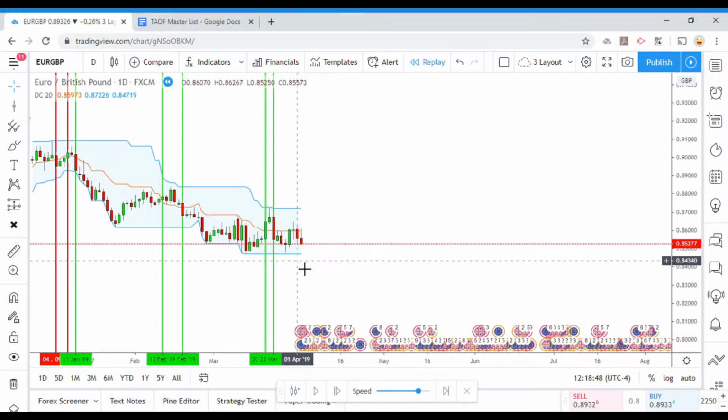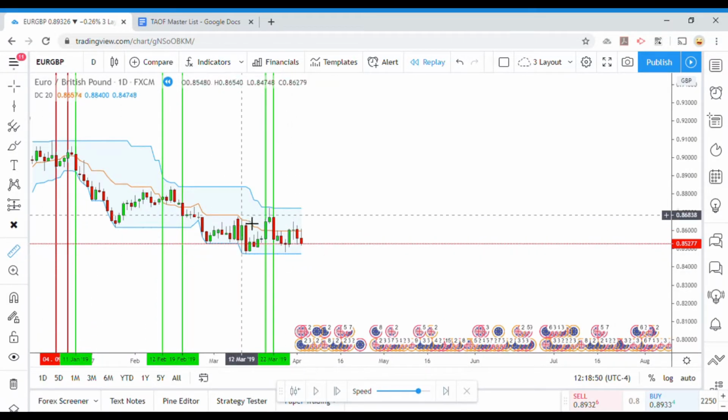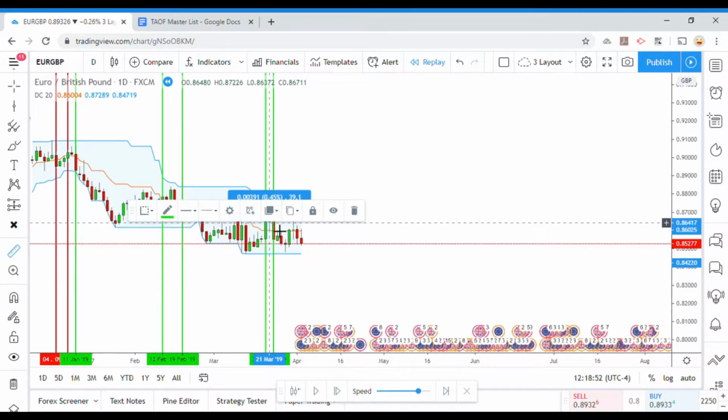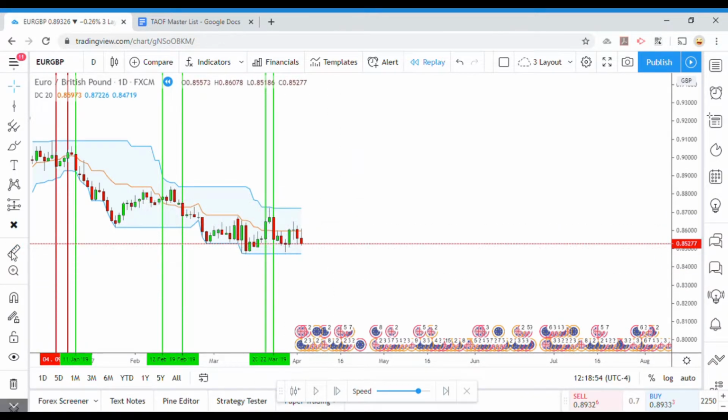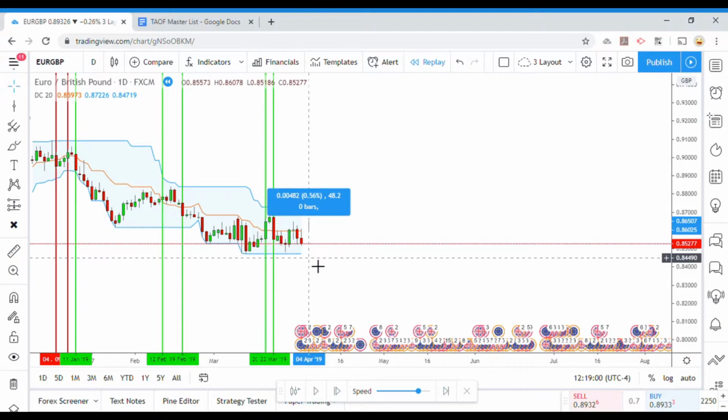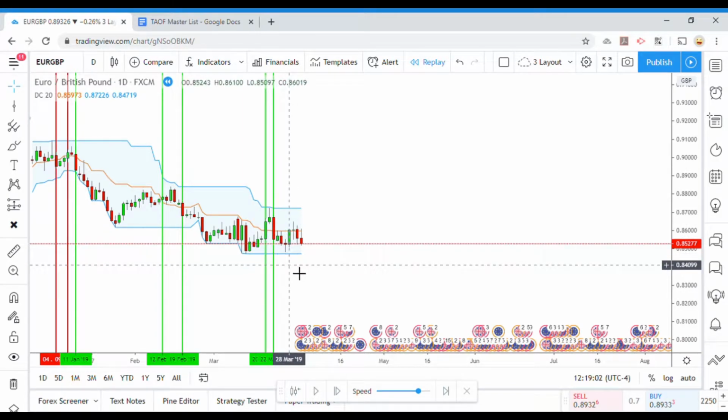It did break above here. I don't believe, I don't think so.